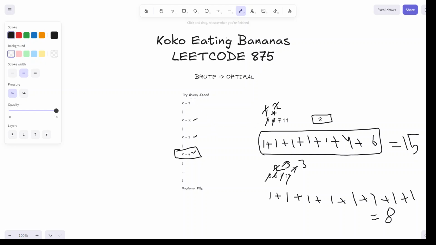For every speed we'll try, and the max speed would be 11, because if it is greater than 11 there is no use of it, since it can eat each pile in 1 hour.